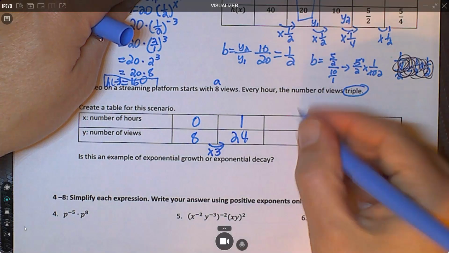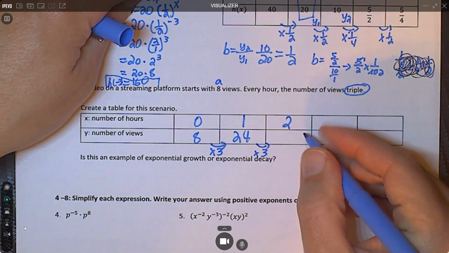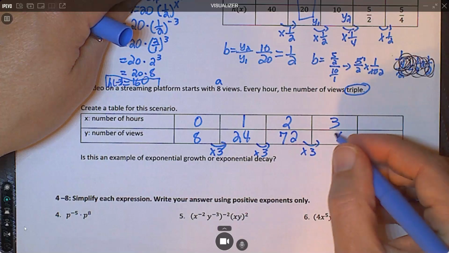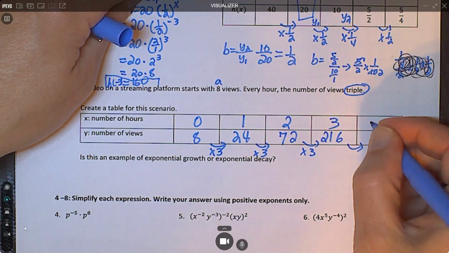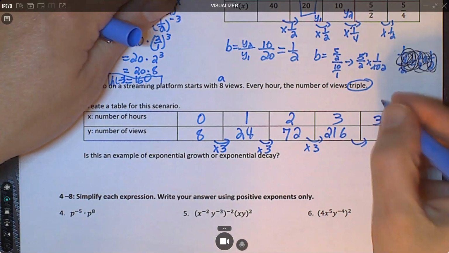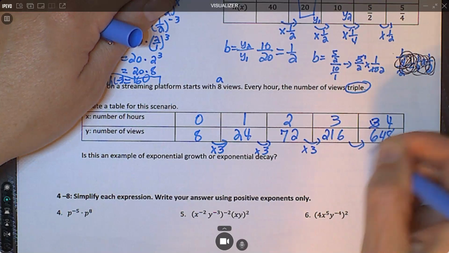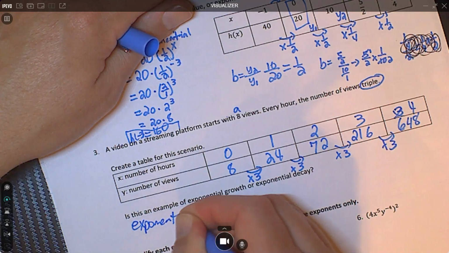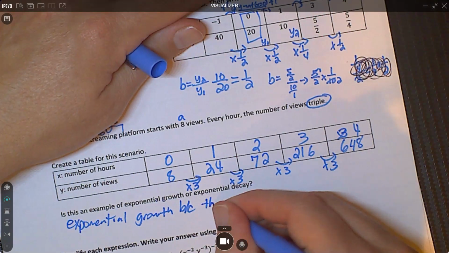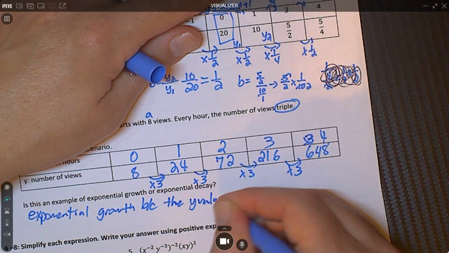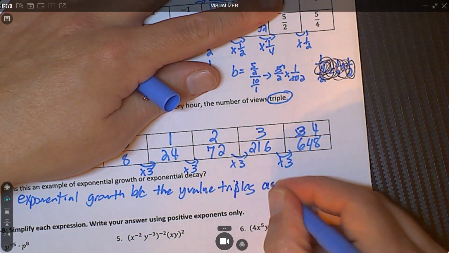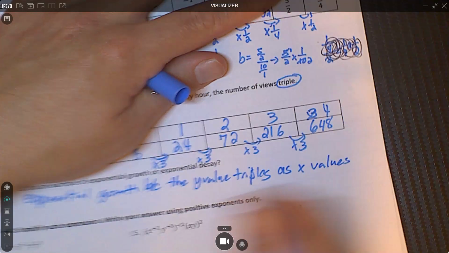We triple the Y. How'd I put 3 again? Exponential growth because the Y values triple as X values increase by 1.